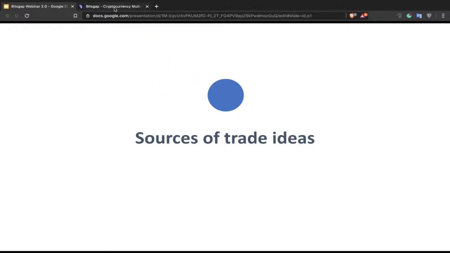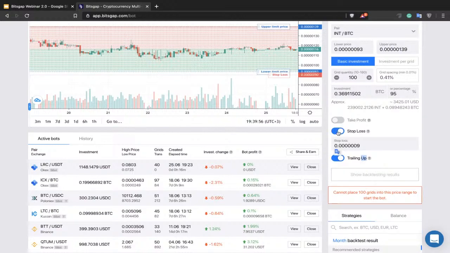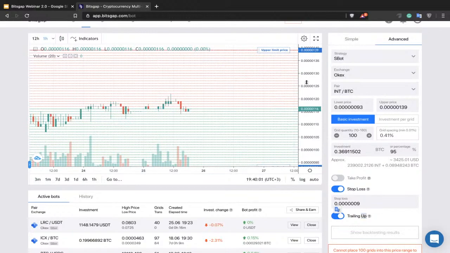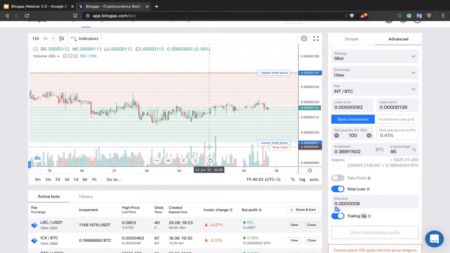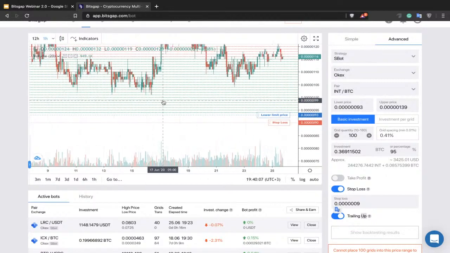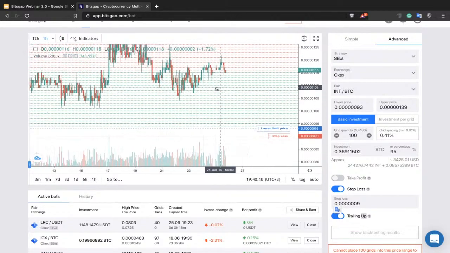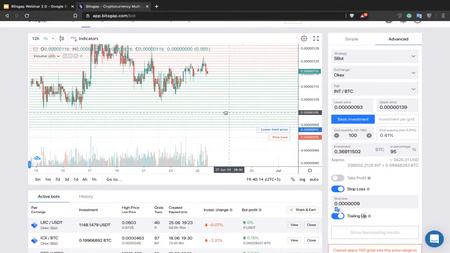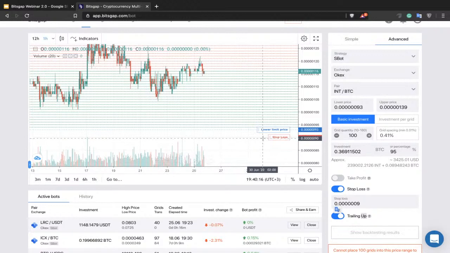And another feature is stop loss. The stop loss is pretty straightforward, and I'm pretty sure that all of you are well familiar with this concept. The idea of the stop loss is that if the price moves downwards, down to the point where you have your stop loss, the bot will automatically sell all of your base currency.